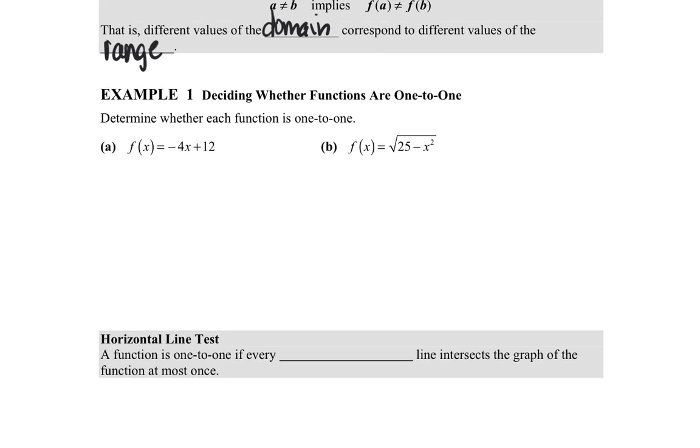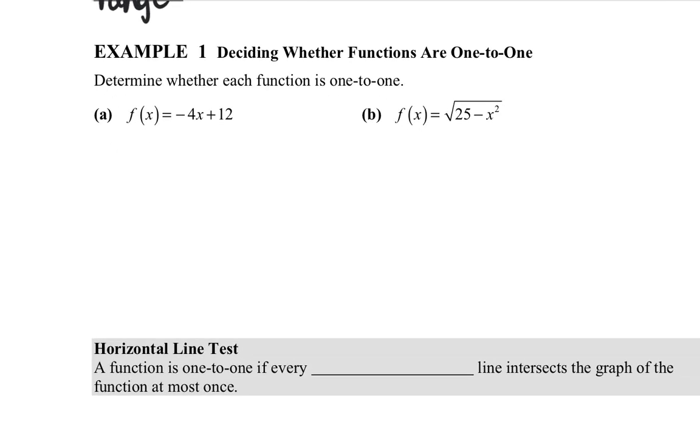If we're going to decide whether a function is one-to-one, this first one is kind of straightforward because we know it is going to be one-to-one because it's linear. If I were to graph it, it just makes a straight line. So we're going to say if f of a is equal to f of b, replace all your x's with a's on one side and b's on the other.